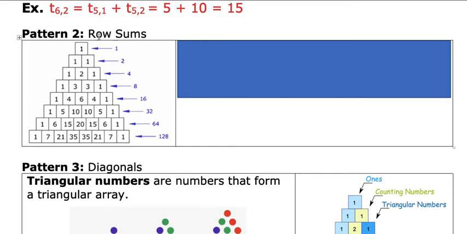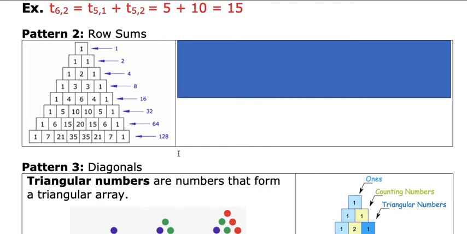Row sums. So sum means to add things together. So 1 is 1, 1 plus 1 is 2, 1, 2, 1 is 4, 8, and so on. What would we expect is that next row? Can you spot the pattern?